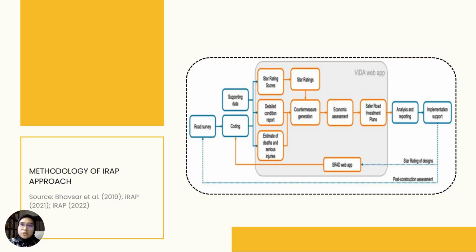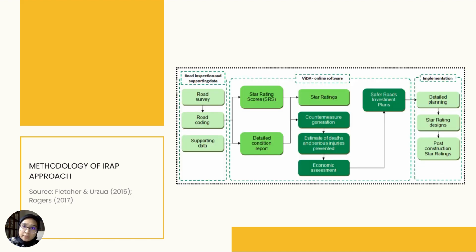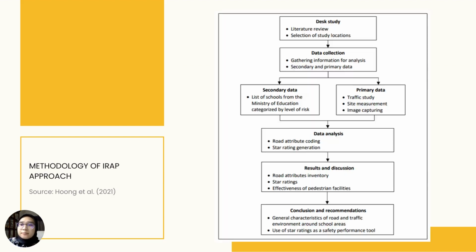Turning to the literature review. This figure shows the iRAP methodology involving the iRAP star rating and safer road investment plan. This iRAP methodology is also similar to the previous one. Meanwhile, this is the methodology implemented at schools in Malaysia. Similarly, it involves data collection, surveying, and analysis processes.